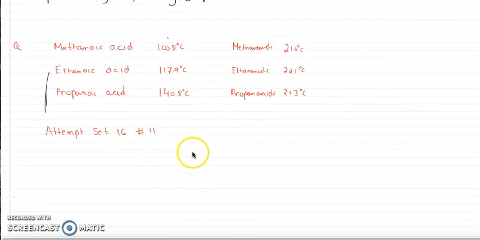Okay, another question that I want to bring your attention to is if you have a look at the acid group and the amide group, you would see a stark difference in the boiling points. And my question to you is, why is that difference there? Why is there such a dramatic difference between, let's say, propanoic acid and propanamide, given that both have hydrogen bonds? I'm going to give you a couple of minutes again to think about this.